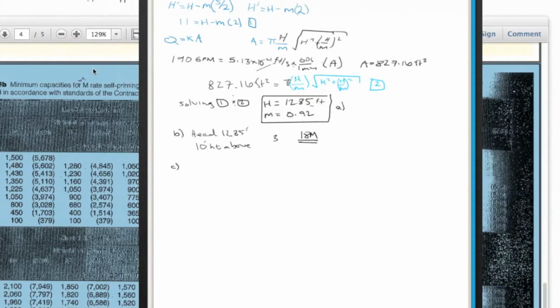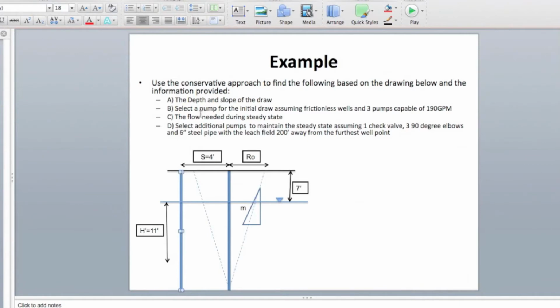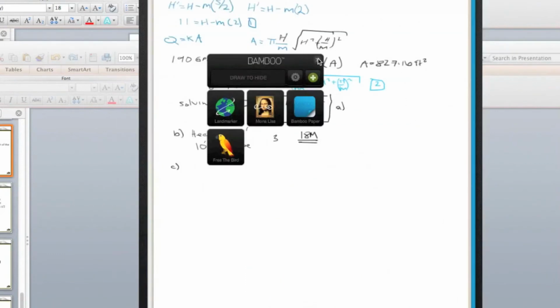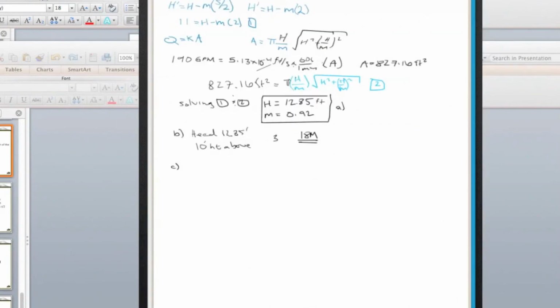Part C. Part C here was the flow needed during steady state. So let's look at the steady state condition real quick and do that calculation. The steady state here starts with calculations starting with this equation, R0, which is on the chart, h over m.